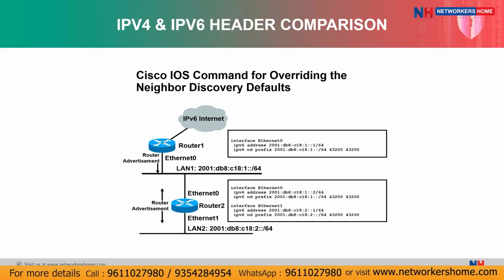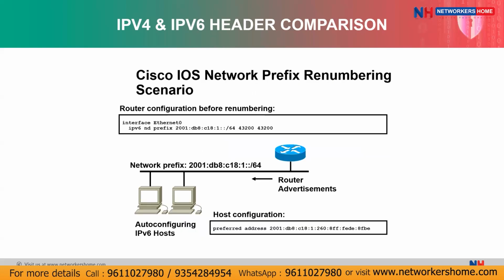And here we have the overriding neighbor discovery default, where we have router 1 and router 2, and these are the preferences we have assigned. On the next slide you will come to know which is going to get the first preference. Here we have the preferred address which the host is going to achieve, along with the network preference, and then the link-local address it is going to advertise.